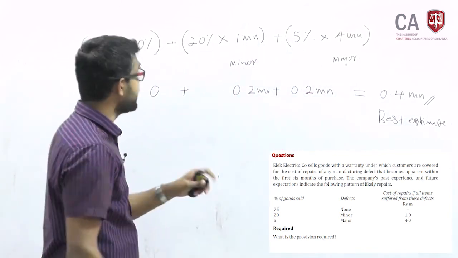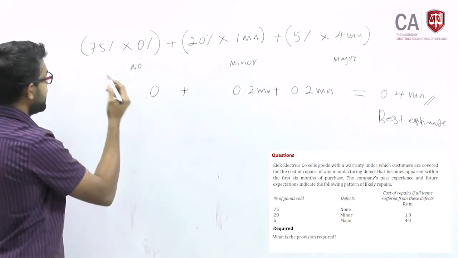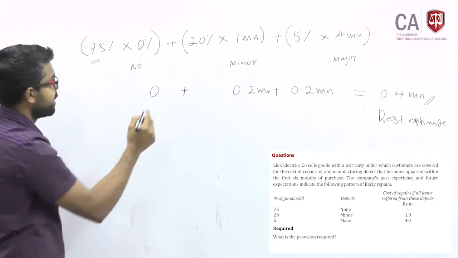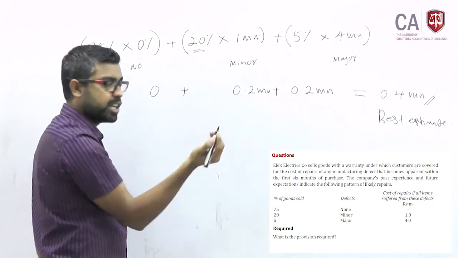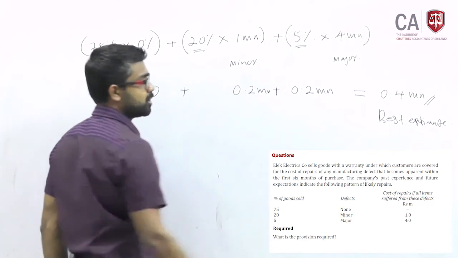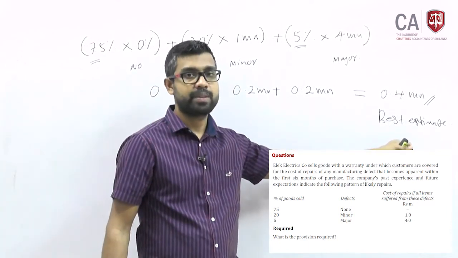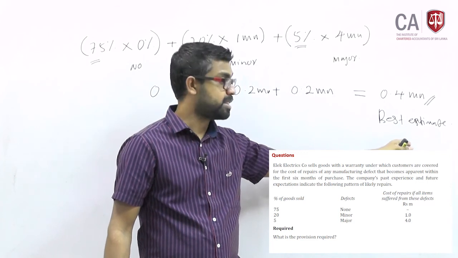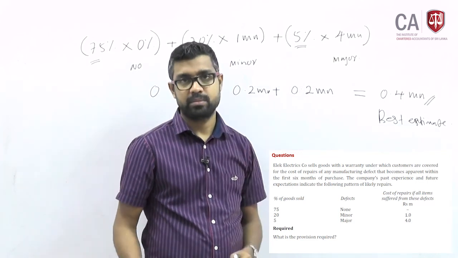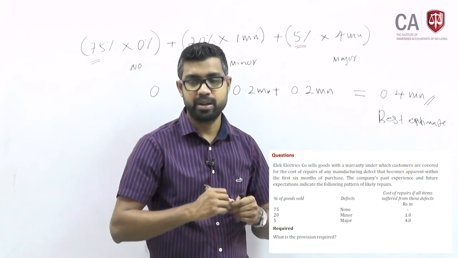It's a judgment: 75% judgment, 20% judgment, 5% judgment. By using this judgment, this is the best estimate that you can measure. Best estimate of what? Provision. Simple calculations, right? Fine.